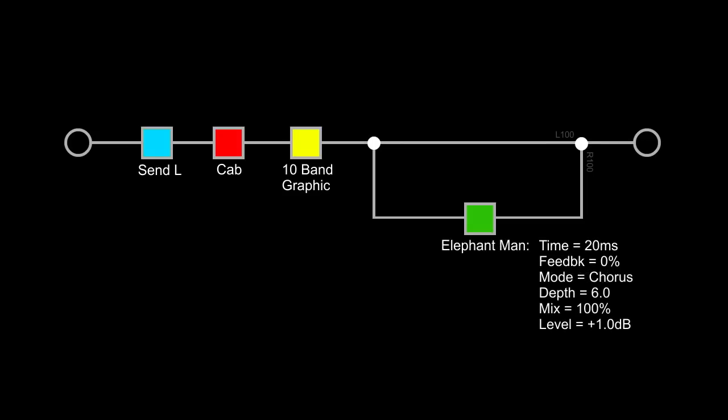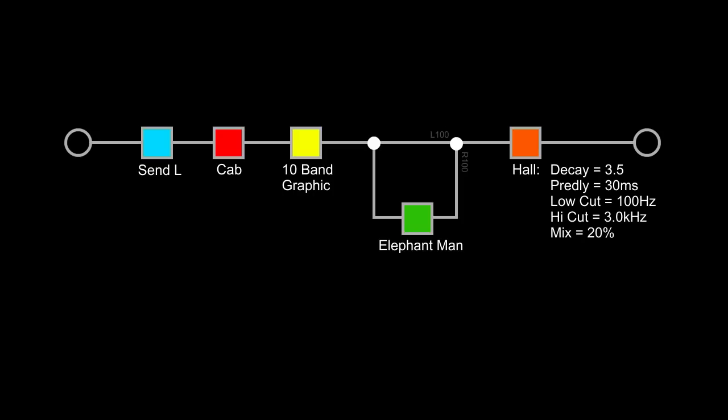To demonstrate further, I'll use the Elephant Man delay, which has a chorus effect and a darker sound. Now I'll turn off all the reverb I have at the mixer and use the HX Stomp's own Hall reverb effect.